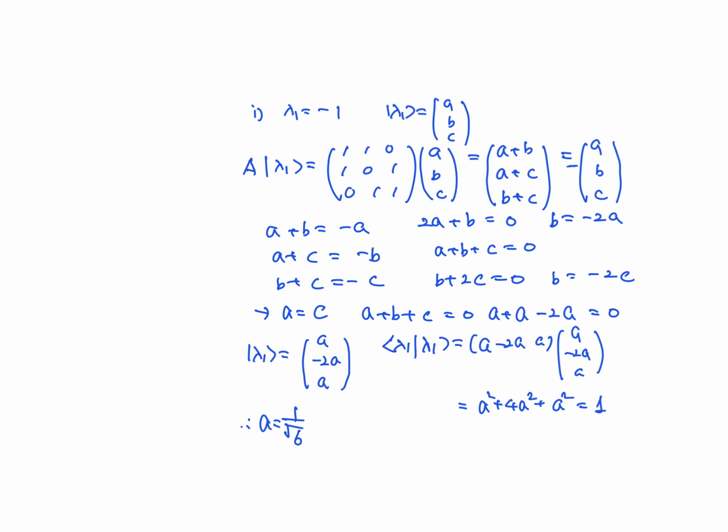I think the screen is still okay, right? So let's say lambda 1 is equal to minus 1. Lambda 1 vector is 1 over square root of 6 times 1, minus 2, 1, right?